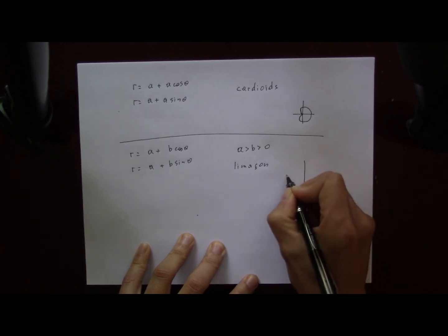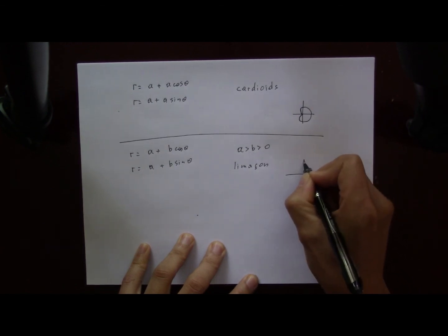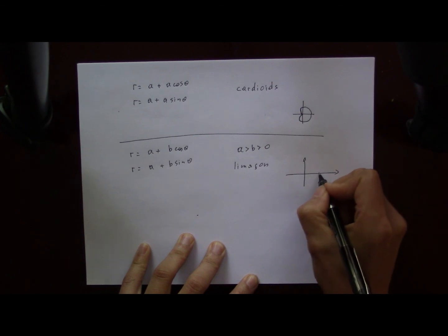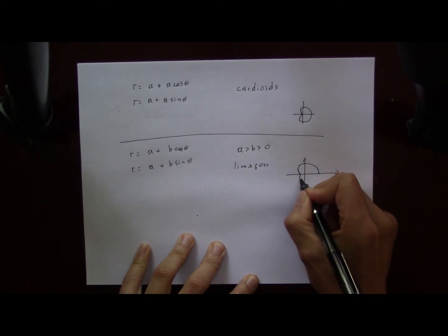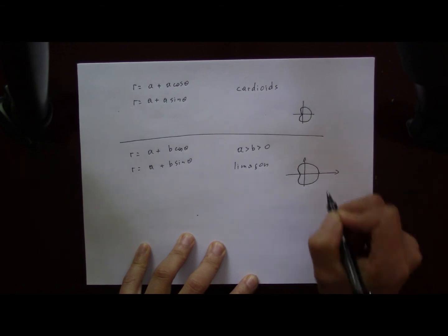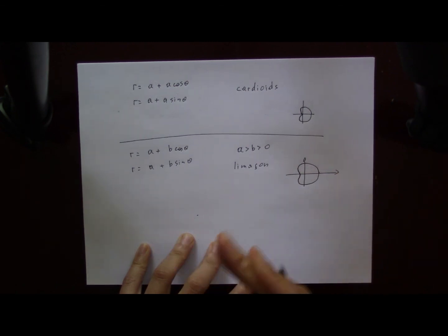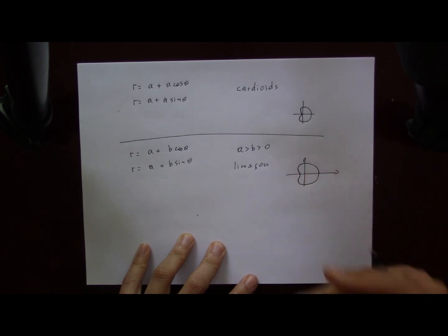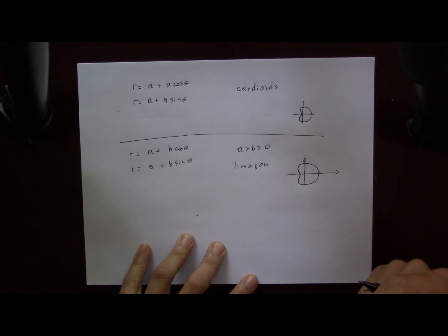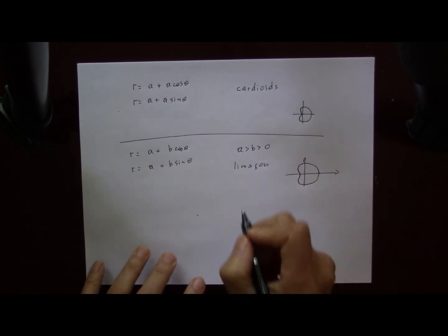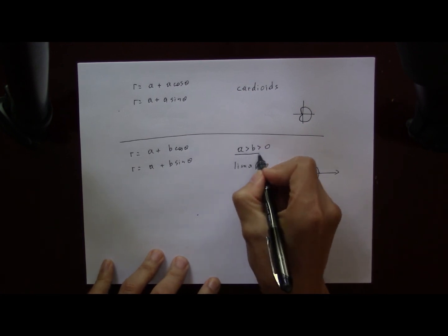The graph of a limaçon is going to look like this: we start somewhere, then we go around the origin without touching it, and at some point it bends toward it. And again, the graph might be along the x-axis or maybe along the y-axis. It might be flipped. That's a limaçon. That's the case when a is bigger than b.